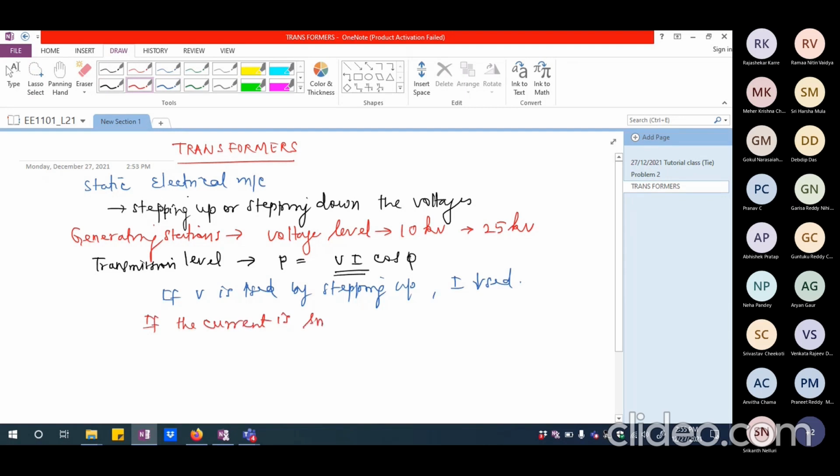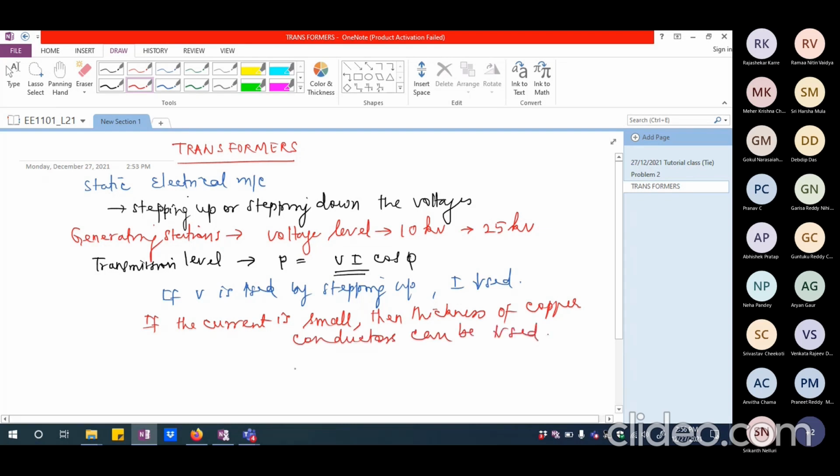If the current is small, the thickness of the conductors will be decreased, because copper also has a limit of how many amperes it can carry per centimeter square. So if the current carried is smaller, then the thickness of copper conductors can be decreased. That is one major advantage.